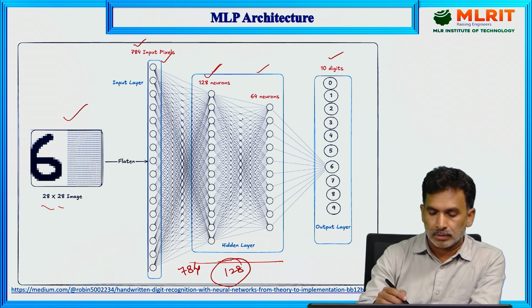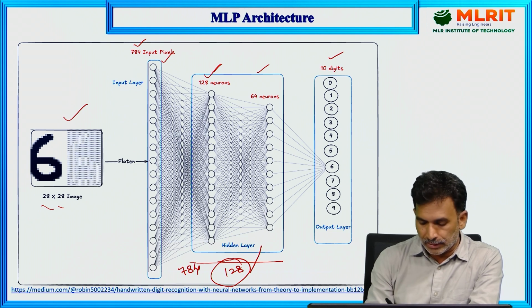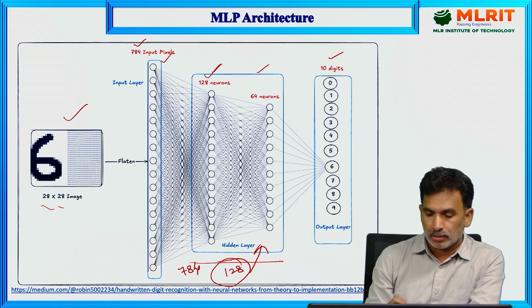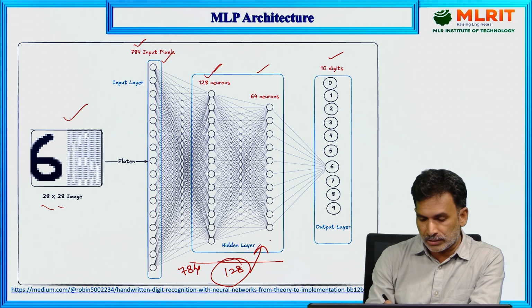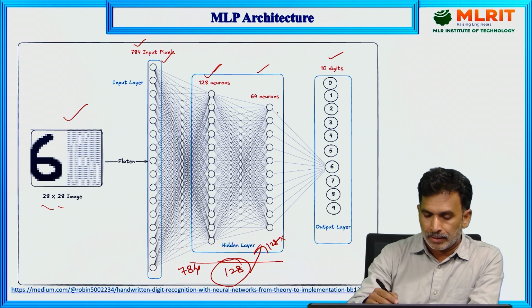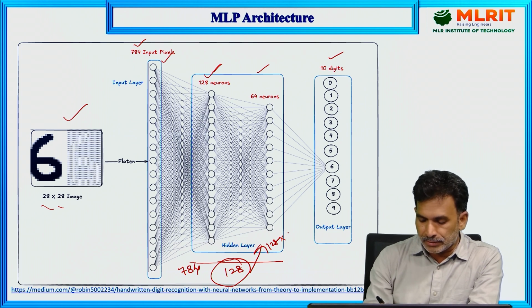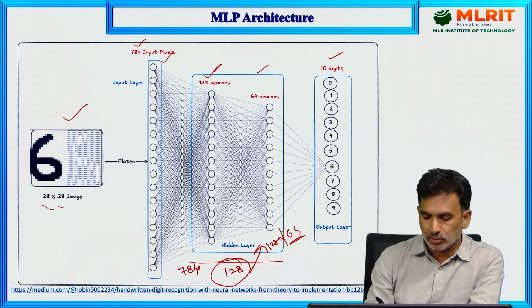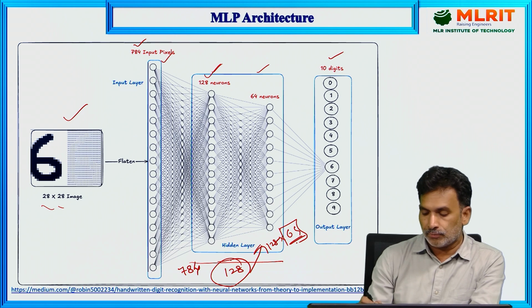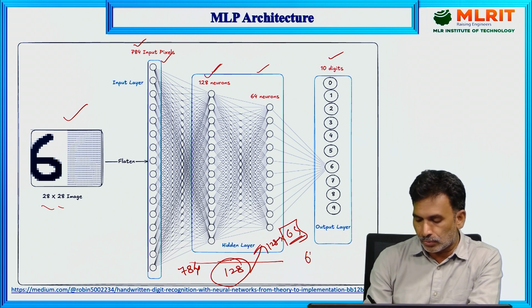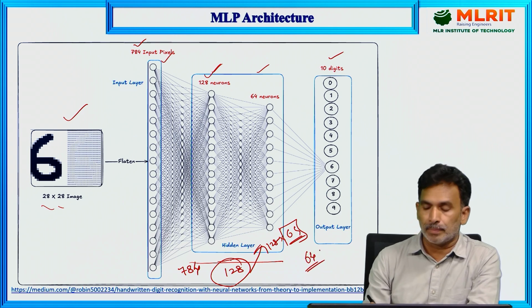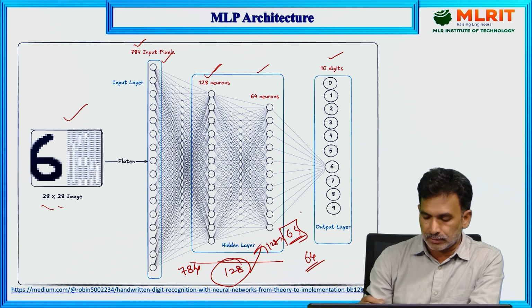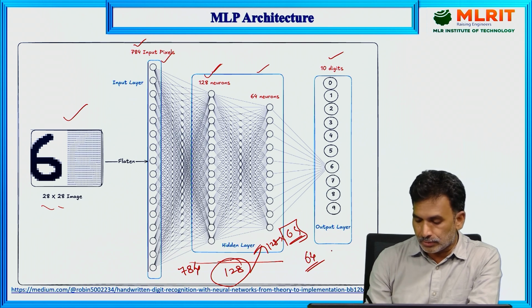This is given as input to the next hidden layer, a one-dimensional array of 128, and the output produced is 64. For the output layer, 64 input values are given and it produces 10 output values.